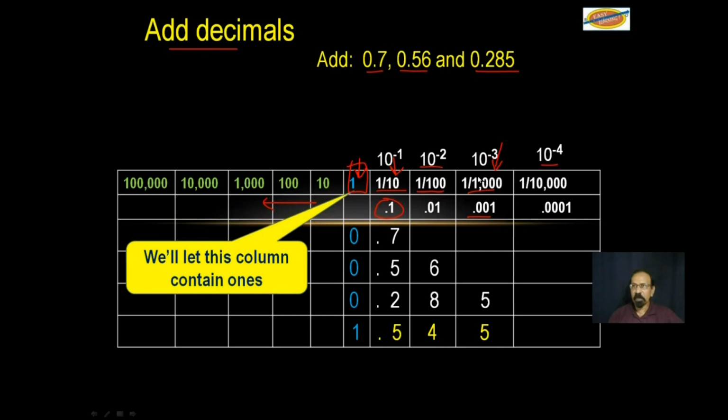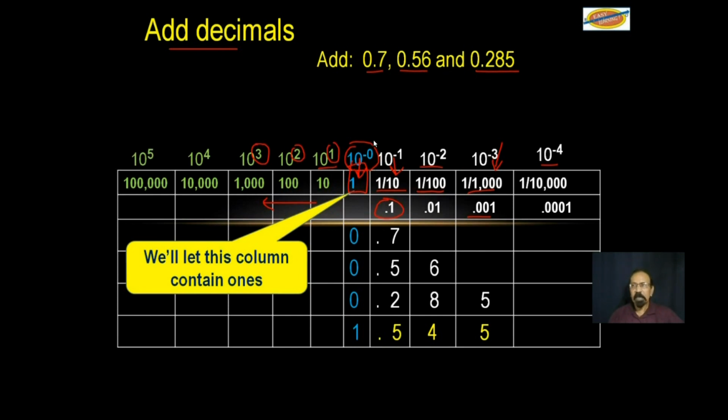Coming back this way to the left, this here, the ones position, is 10 to the 0. The tens position is 10 to the 1 power, 100 is 10 to the second, 1,000 is 10 to the third, and so on. So we have a continuum here.